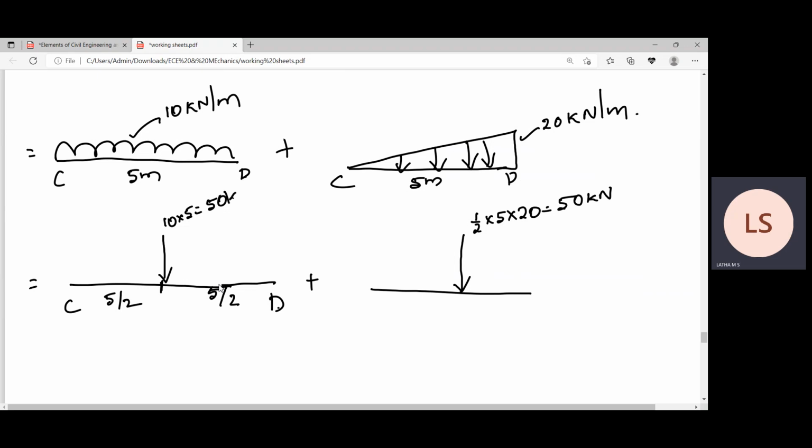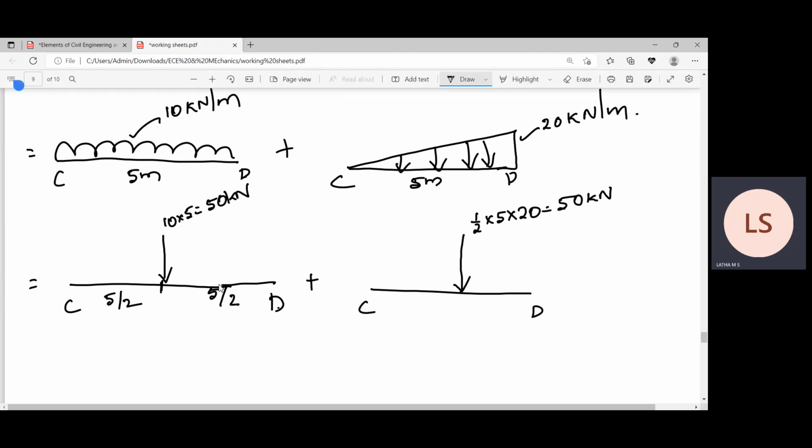The distance of this load will be 2/3 of 5, the length of the span, so 10 by 3, and the remaining 5 by 3.